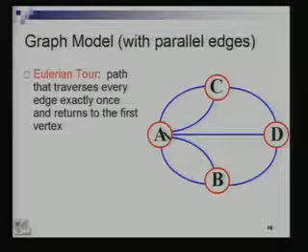Can I start from A and come back to A and traverse each edge exactly once? The same question is saying, can you draw this picture without lifting your pencil or redrawing an edge, coming back over a line twice?